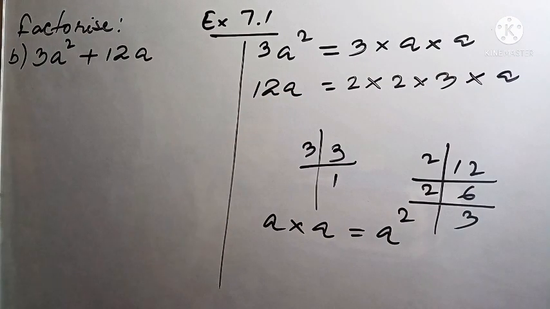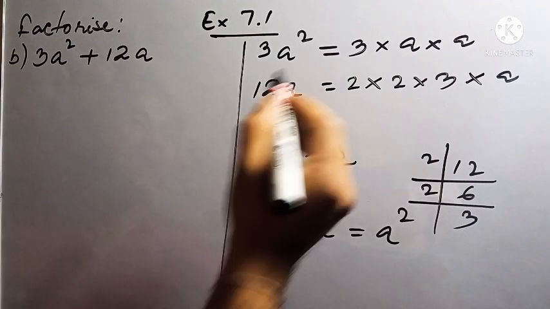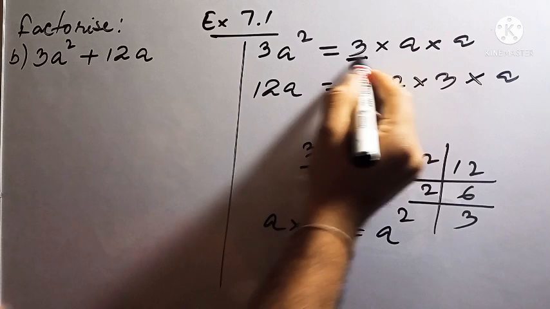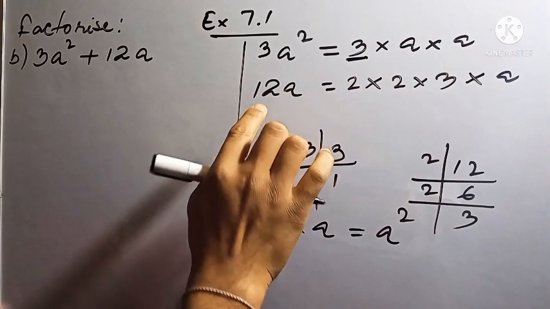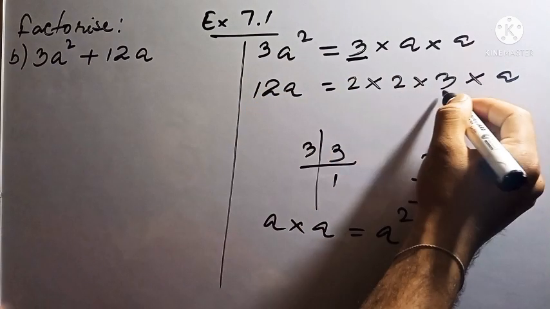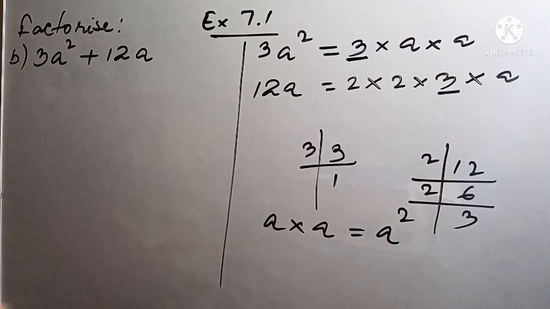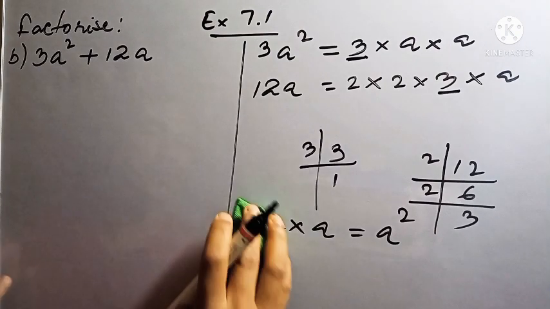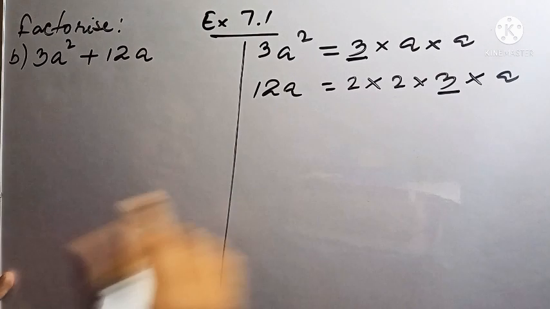Now, what do we have to do next? We have to identify the common factors. I find 3 from thrice a square, and even from 12a I find 3. It means 3 is a common factor. Let me write here once: 3 is a common factor.